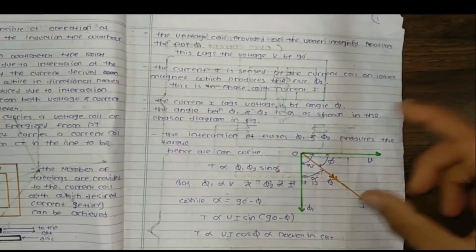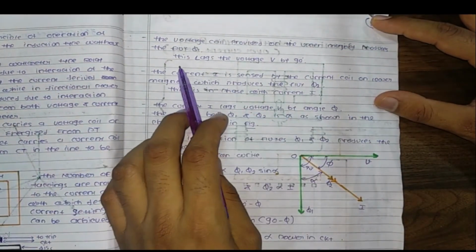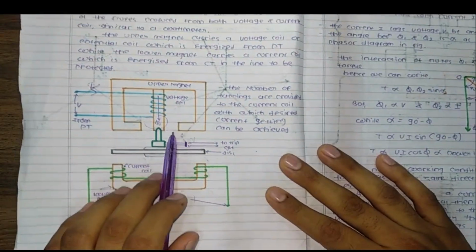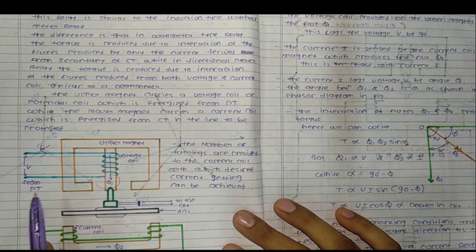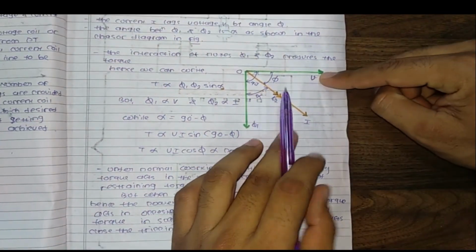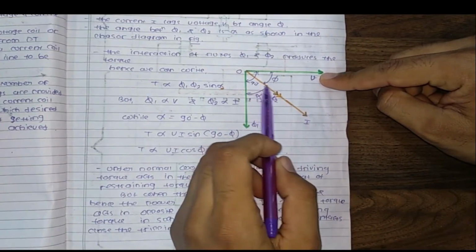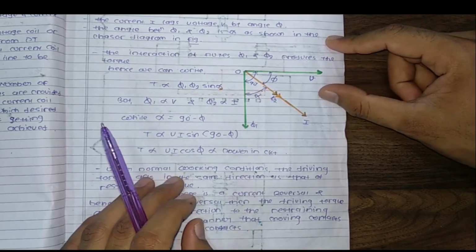So the voltage coil provided on the upper magnet produces the flux phi1, as you can observe here. Phi1 is produced here, and this lags the voltage V by 90. So this is the applied voltage. I have taken this as my reference voltage. So this is voltage V. Fine.